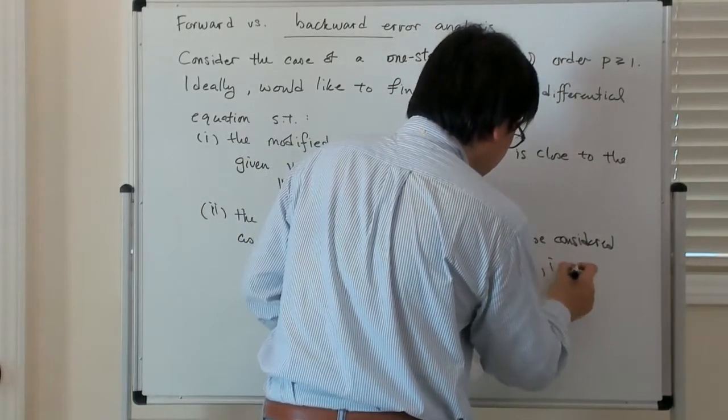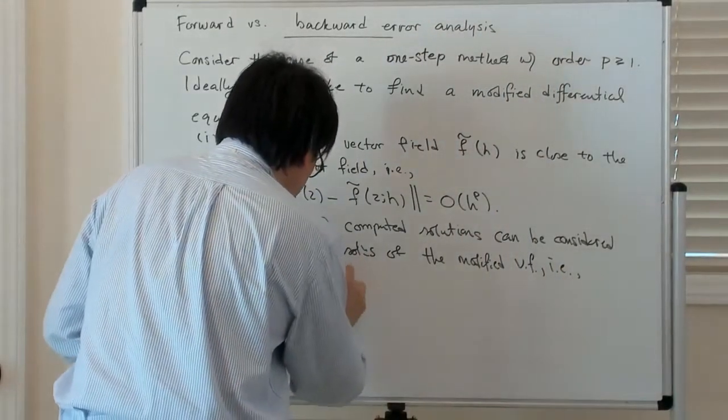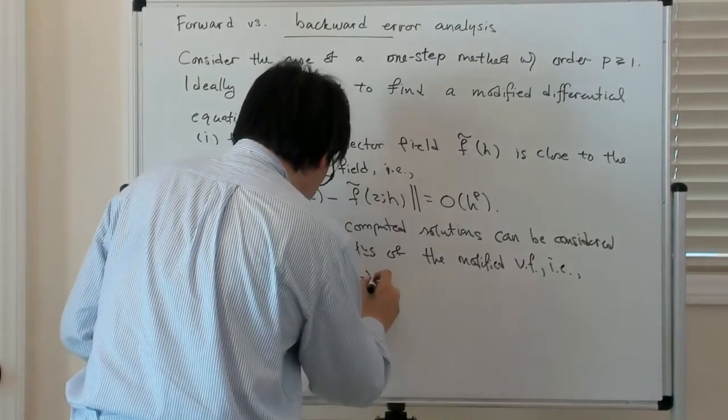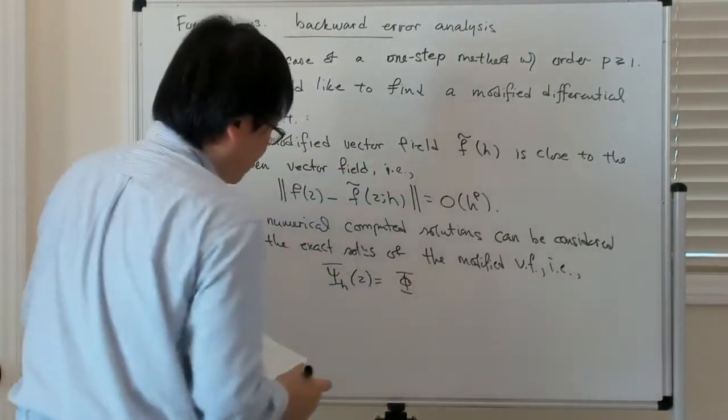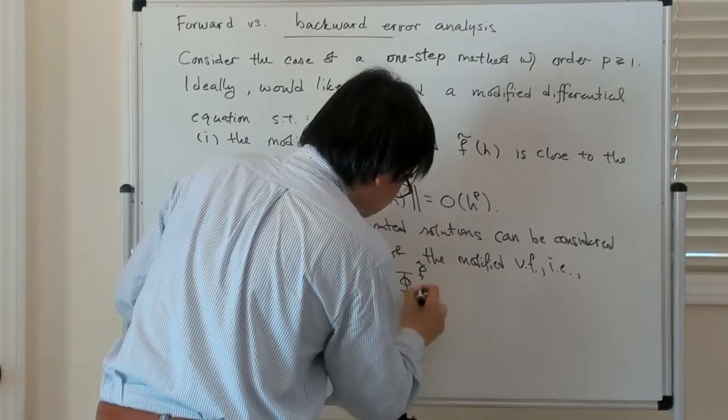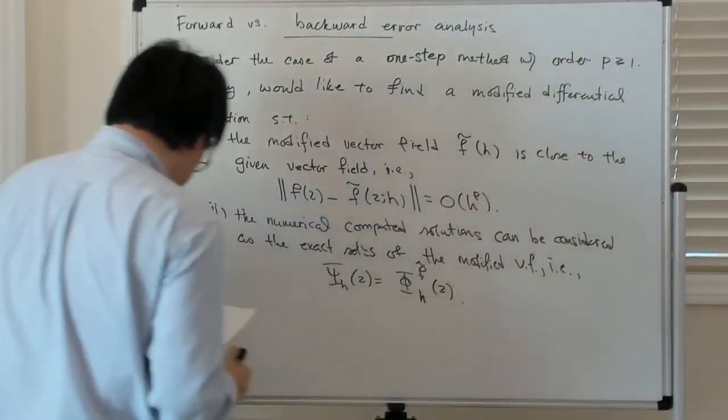Which basically means that the numerical method applied to z is equal to the exact flow map of the modified vector field with step size h applied to z.